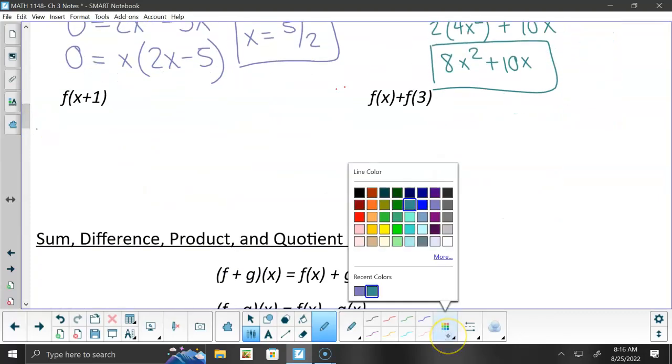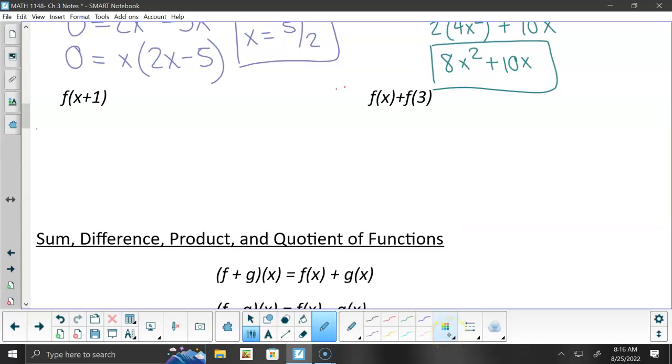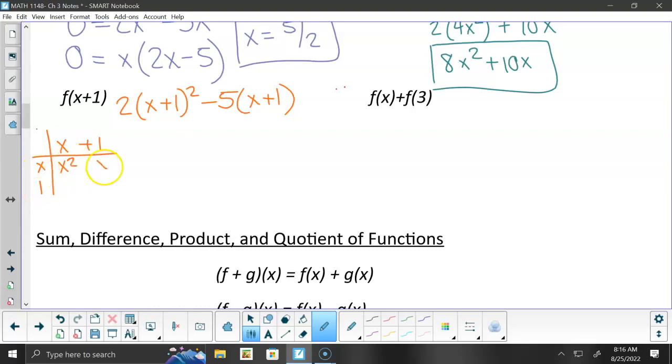This one over here, I'm just plugging in the quantity x plus 1 instead of x. Now, make sure anytime you see a quantity squared, you FOIL it out. If you haven't had me before, I like using a box to make sure I don't miss anything. So x squared, x, and 1.